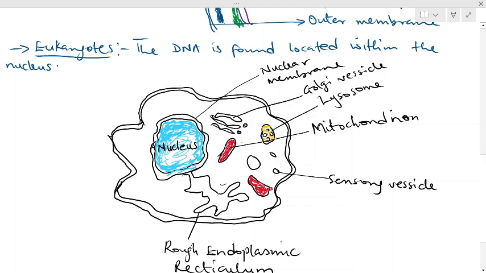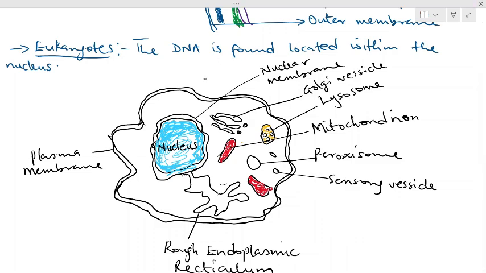Then of course, I go to this here. We have the plasma membrane. What else? You have the peroxisomes. So this is a schematic sketch. Let me put one more color here.